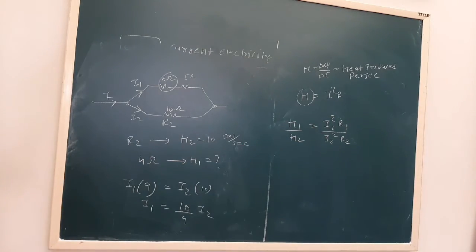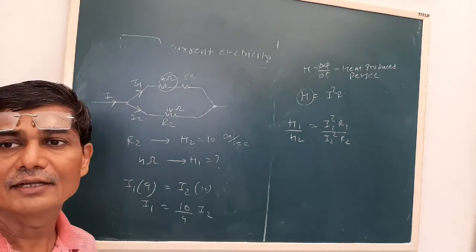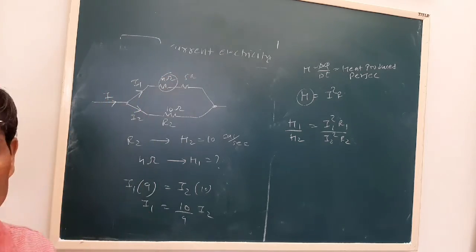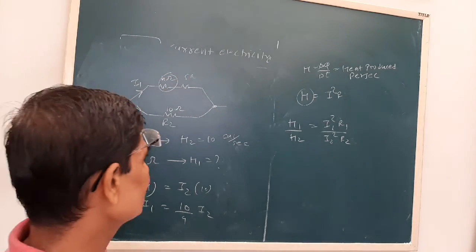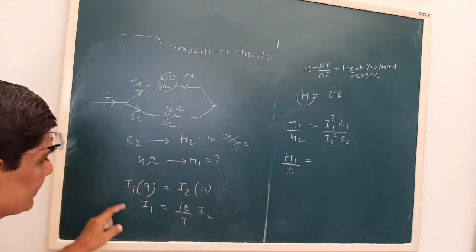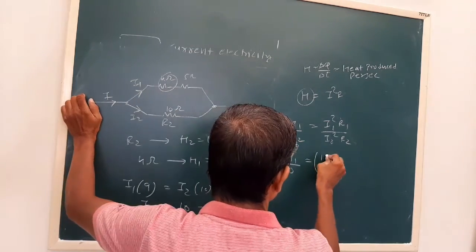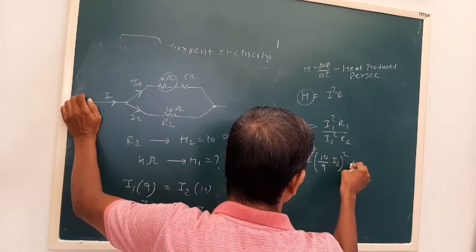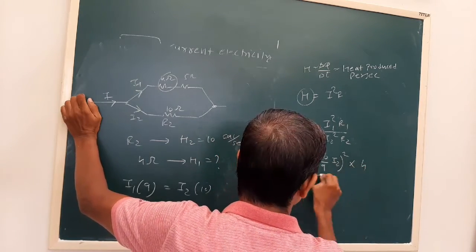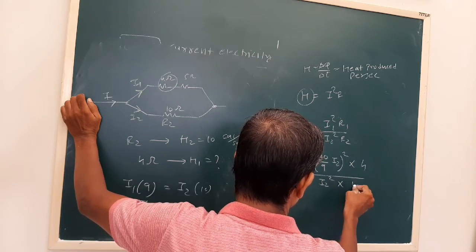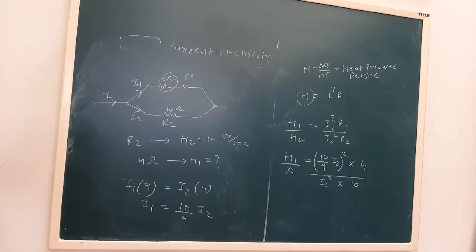Now in series current remains same. So either it is asked in 4 ohm or 5 ohm, we will get the answer same. So now H1 we have to find out. H2 is 10. I1 is 10 by 9. I2 square. R1 is how much? 4 ohm. I2 square is 10. So suppose you solve this.